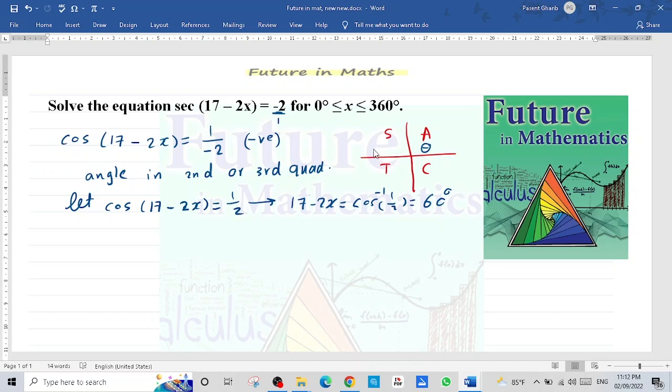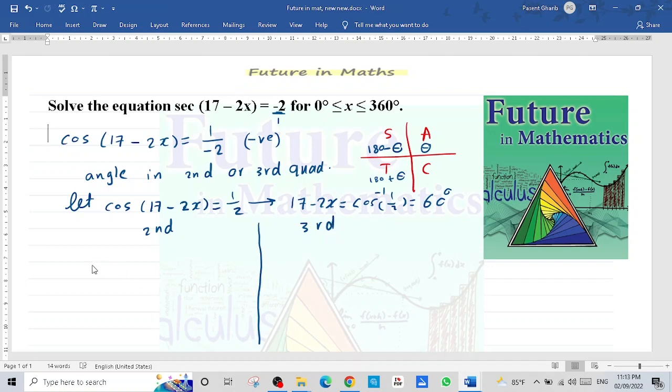But in the second quadrant, the angle must be written as 180 minus theta. In the third quadrant, 180 plus theta. So we divide the paper into two halves: this is the value in the second, and this is the value in the third quadrant.